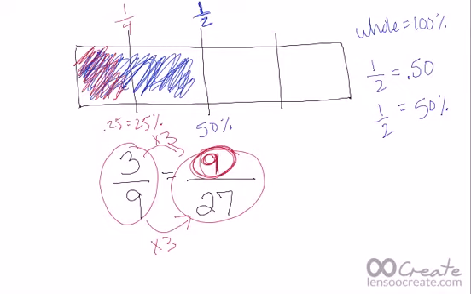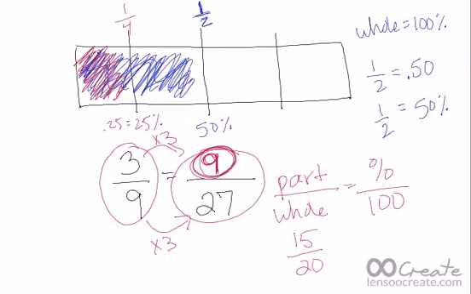You may also remember that we did this with percents in 6th grade. Remember we did part over whole equals percent over 100. Okay? So if I had 15/20ths, and I wanted to know what percent that was, I could say, well, 20 times, let's think, 20, 40, 60, 80, 100. 20 times 5 gives me 100.